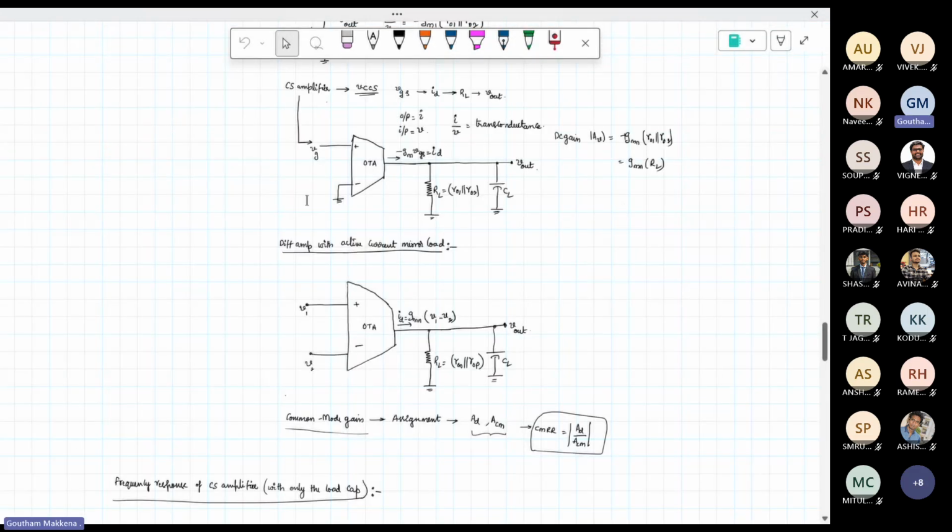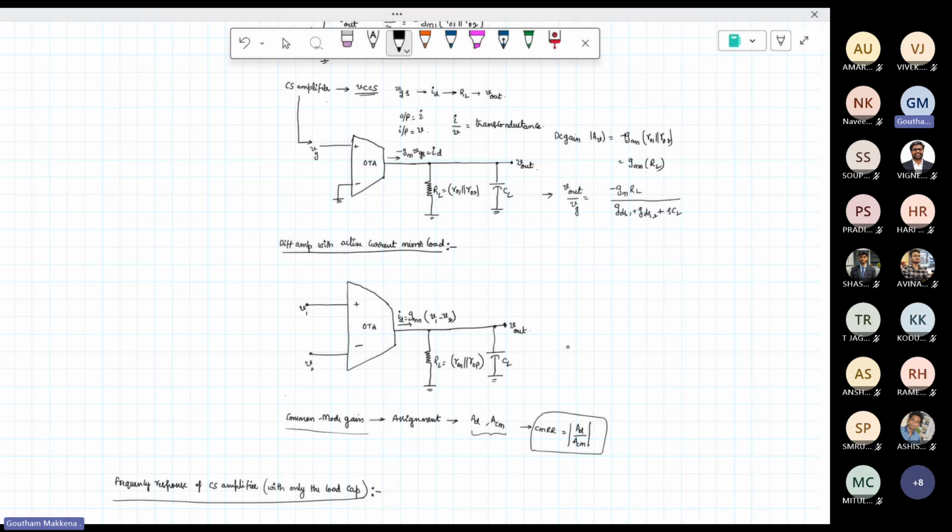Yeah. So this also we discussed, right? So from this, what can you say? So the transfer function over here is CL.